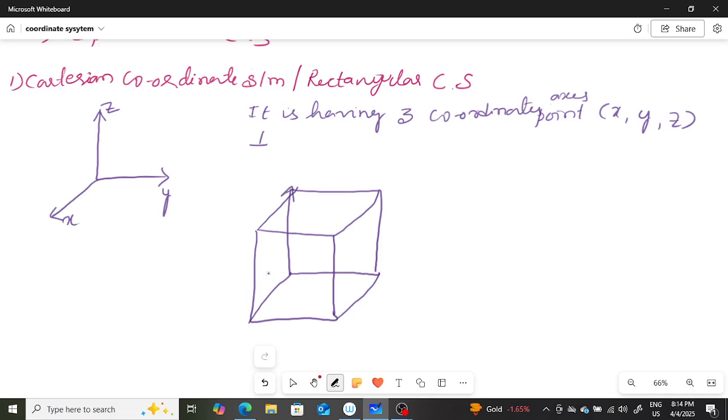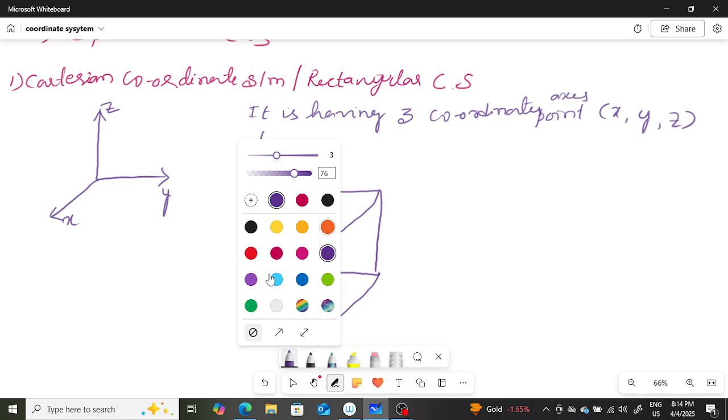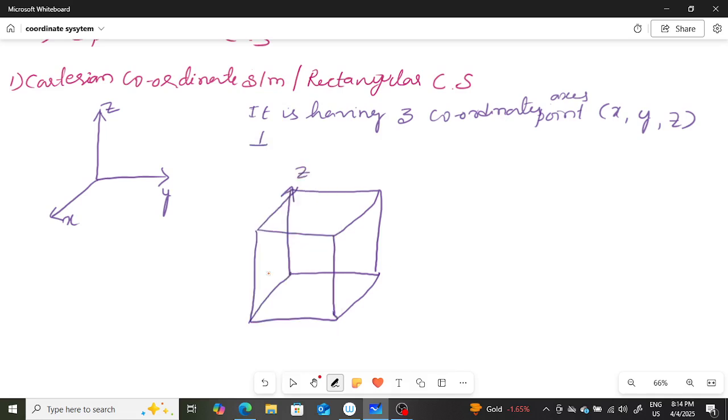Let me mark this as Z, and this is Y, this is X. Let me consider a point P. Any point in 3 dimensions has 3 components, along the 3 coordinate axes.